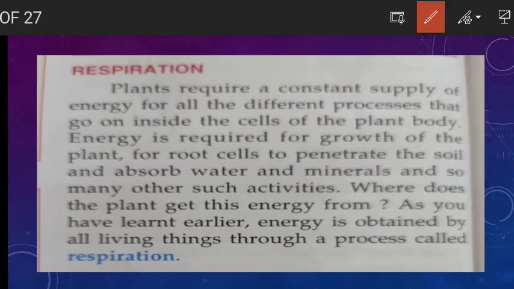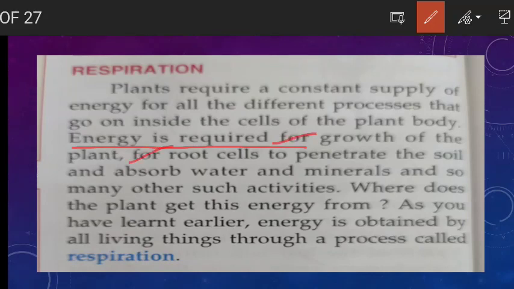Plants require a constant supply of energy for all the different processes that go on inside the cells of the plant body, and energy is required for growth of the plant. Clear? So why is energy required for the plants? First, for growth of the plant. Second, for root cells to penetrate the soil.